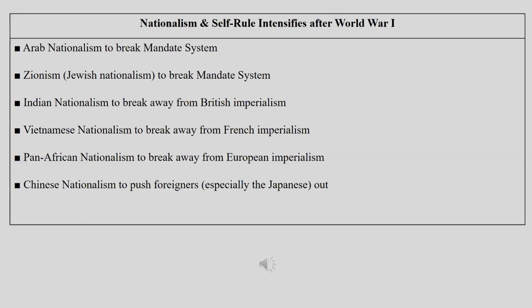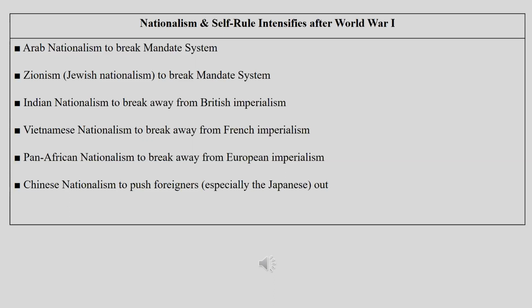England's continued rule over India and the rest of South Asia intensified Indian nationalism and their desire to free themselves from England's imperialism. In French Indochina, in Southeast Asia, Vietnamese nationalism intensified as they were denied independence at the Paris Peace Conference.